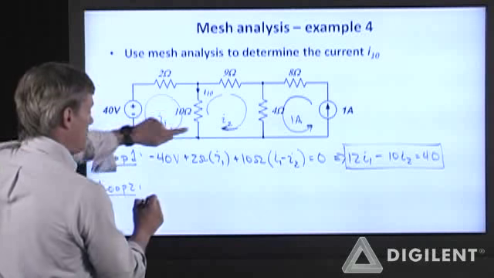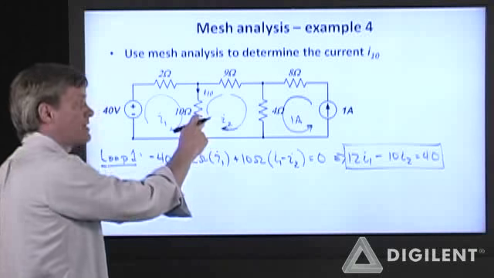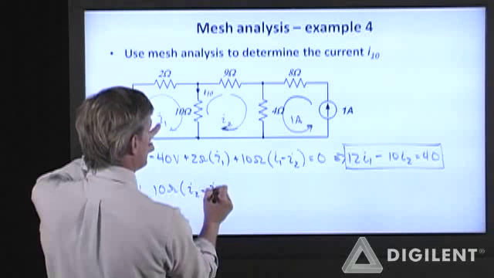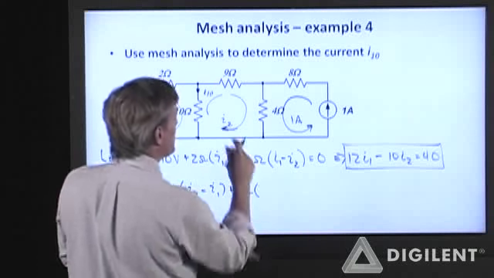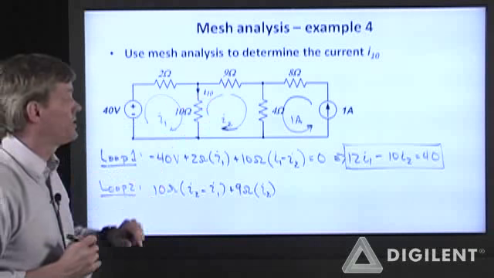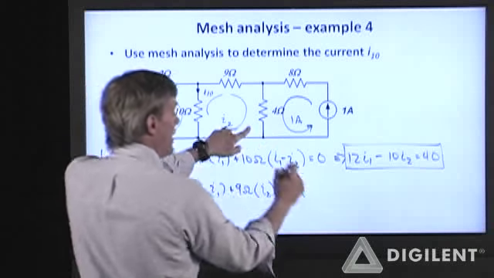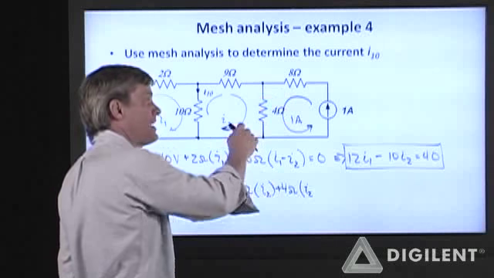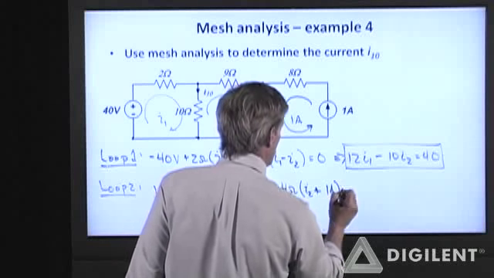Loop 2, starting at this point here, I have a 10 ohms. Now my I2 contribution is positive because this down here is assumed to be my positive node. So I2 minus I1 is going the opposite direction, plus 9 ohms times just I2, no other mesh currents go through the 9 ohm resistor, plus 4 ohms times I2, and this 1 amp constrained current is going in the same direction as I2, so it also induces a positive contribution.